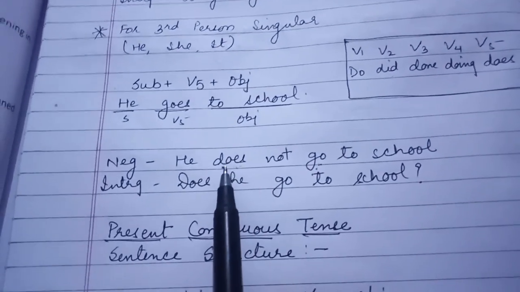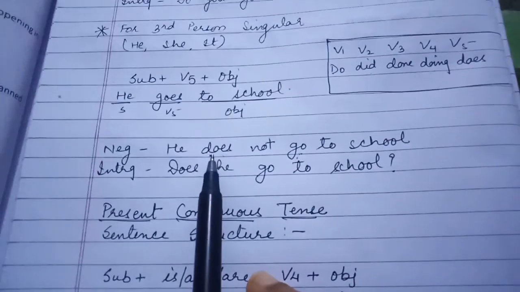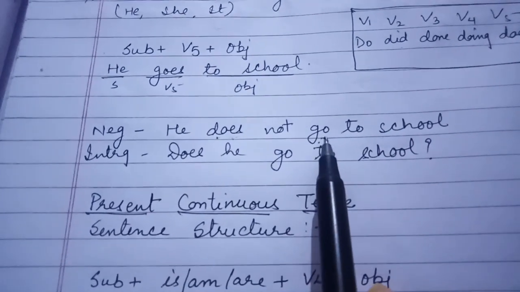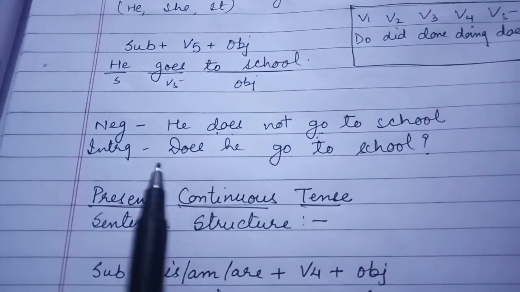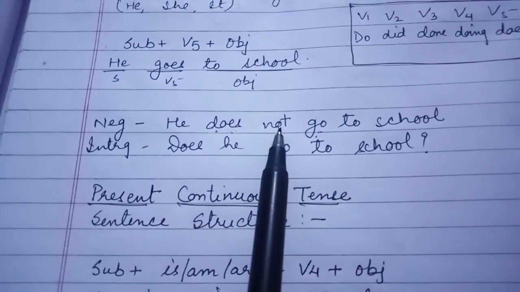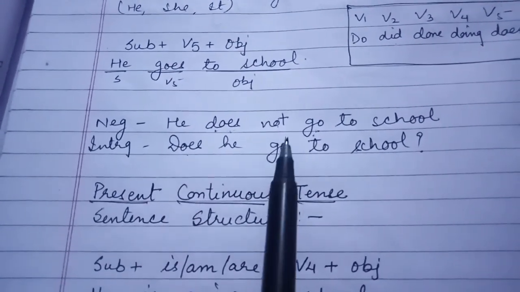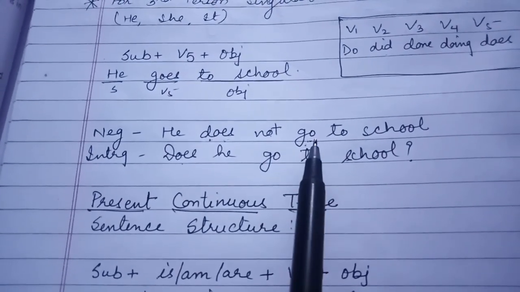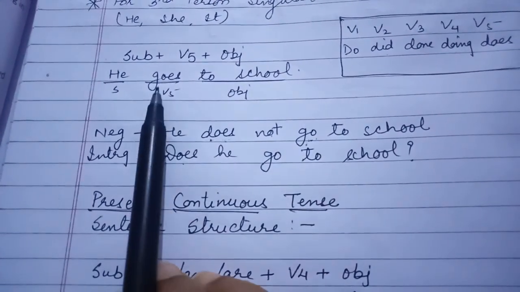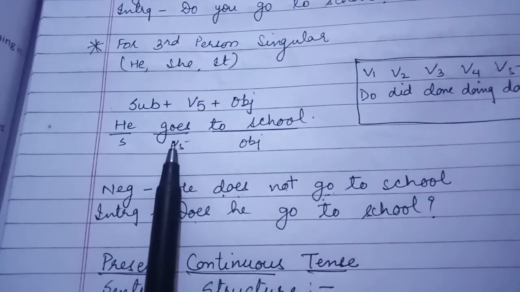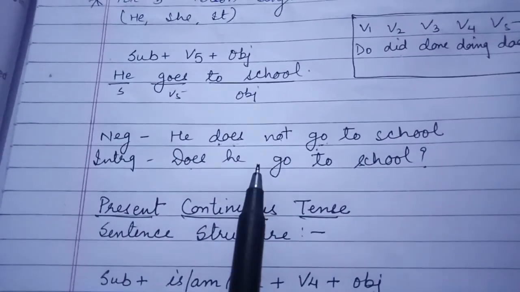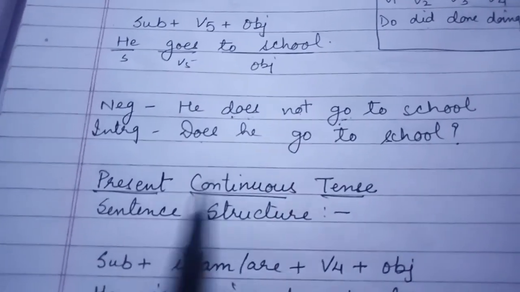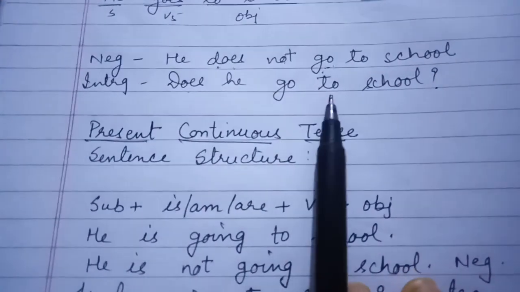Because we have already used a fifth form, there is no need to use the fifth form again. So always remember, wherever in the sentence you are using does not or does, you will never put another fifth form of verb. It will be the verb's first form. So in the affirmative sentence, it will be the fifth form, but in negative and interrogative sentences, it will be the first form.